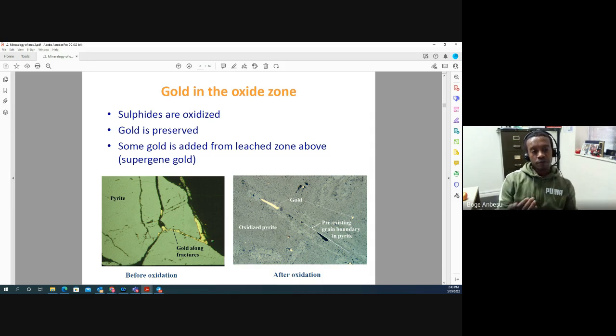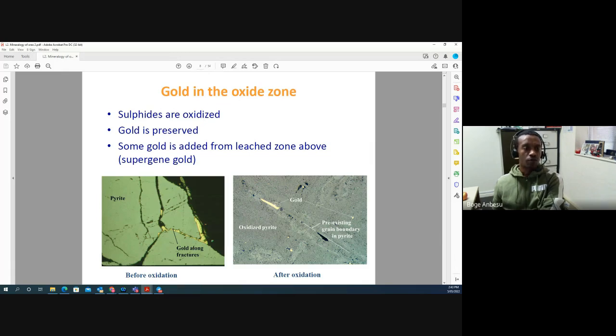If you find gold in the sulfide zone, in the supergene enrichment, or in the primary zone, typically the gold is going to be very fine grained and disseminated all over the deposit. So it's not going to be as straightforward to process. And that's why I was mentioning earlier, in those cases, if you just concentrated the gold and put it through a leaching tank, it's not going to recover most of it. You might get poor recovery simply because in that zone, although you still have gold, the gold is typically locked.